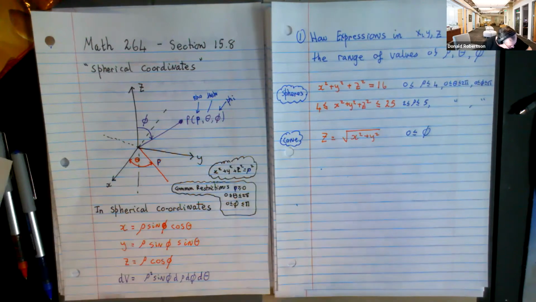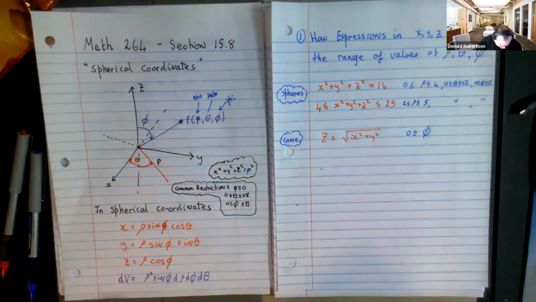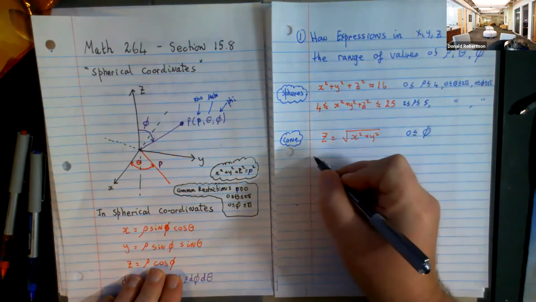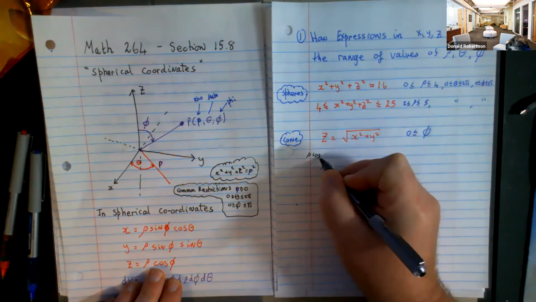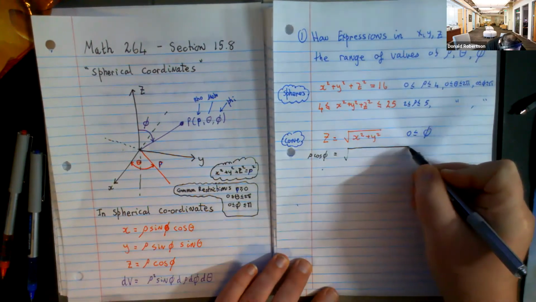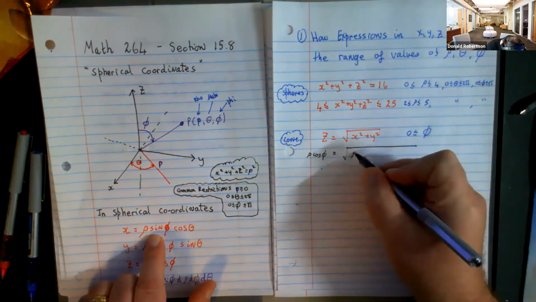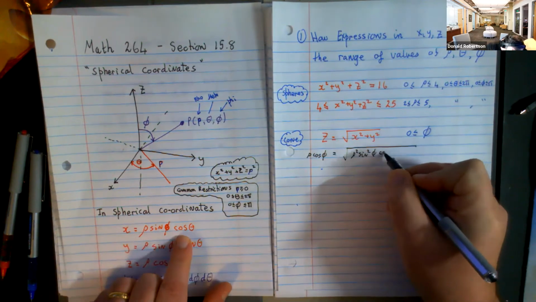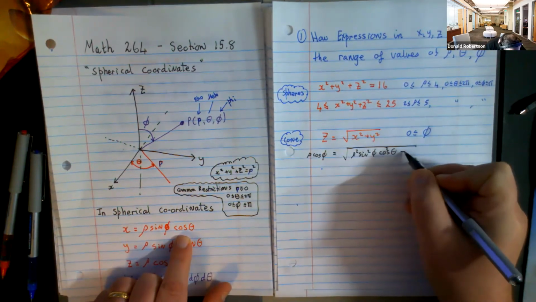Okay, let's do it. Because if you can't remember it, you want to be able to derive it. Okay, z, which is rho cosine phi, is going to equal the square root of this squared plus this squared.